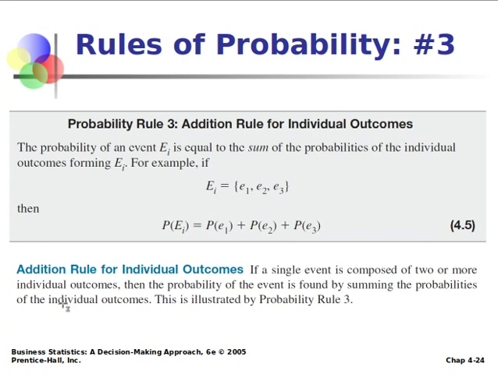The addition rule for individual outcomes says that if a single event is composed of 2 or more individual outcomes, then the probability of the event is found by summing the probabilities of the individual outcomes. This is illustrated by probability rule 3.